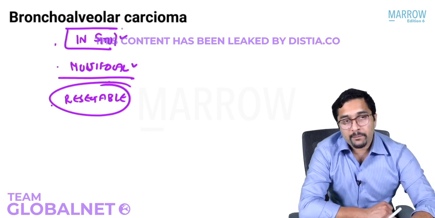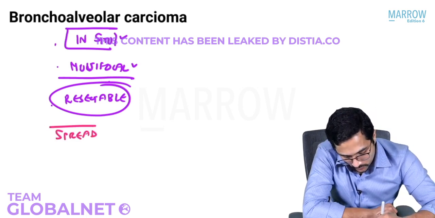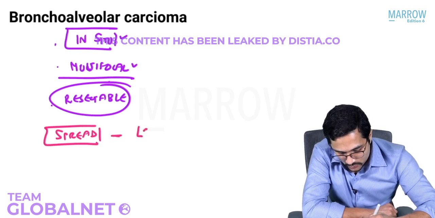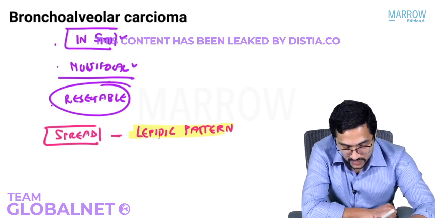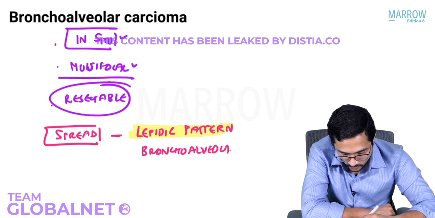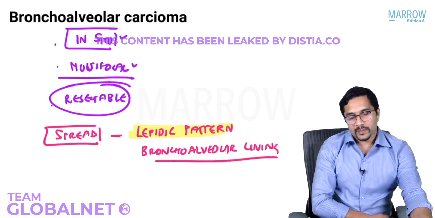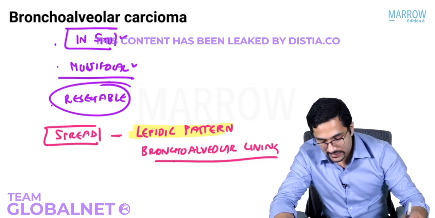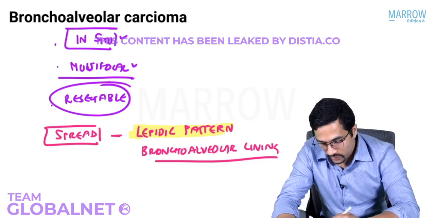The spread occurs along the bronchoalveolar lining, and this is known as the lepidic pattern of spread. This question has also been asked. We can still resect these tumors. So these are the various types of lung cancers which I wanted you to know about.